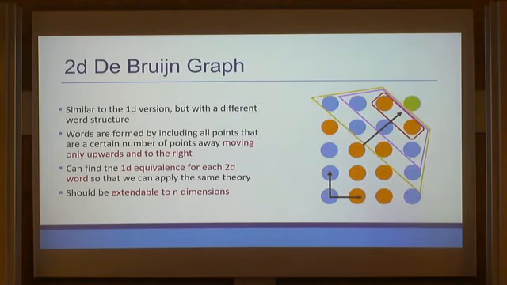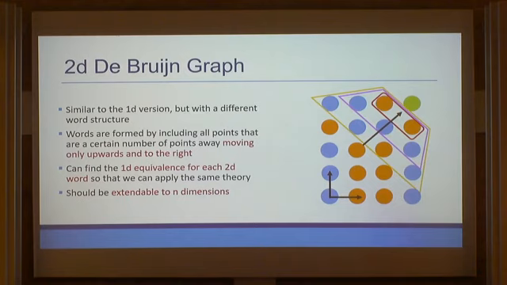So more recently, I've been looking at a 2D version of this, which is a lot harder because it's very difficult to put a sort of direction on something that's a spatial grid. So the way forward I've been looking at is to change the form of the word, but use a very similar structure to the 1D version. So here, this would be a 1-word, 2-word, and 3-word 2D de Bruijn graph.